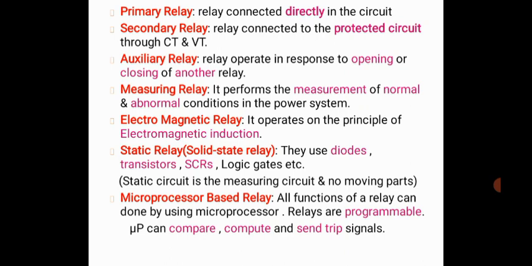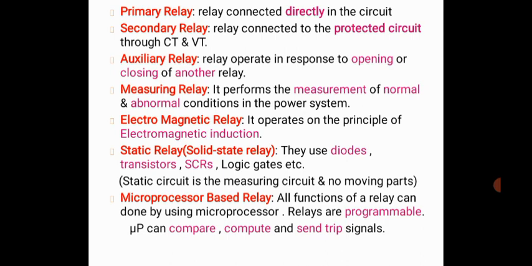Next one, definition of relays. Primary relay: a relay connected directly in the circuit is called a primary relay. Next one, secondary relay: a relay connected to the protected circuit through the CT and voltage transformer. Next one, auxiliary relay, as the name itself says, is for auxiliary purposes. It operates in response to the opening or closing of another relay.